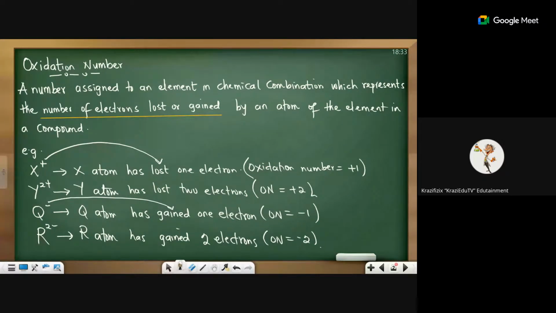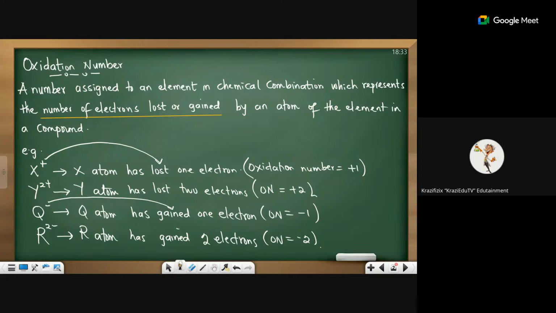Now we're going to quickly learn the rules of these oxidation numbers and how to assign these oxidation numbers. So basically, I've simply explained to you charge on an ion.